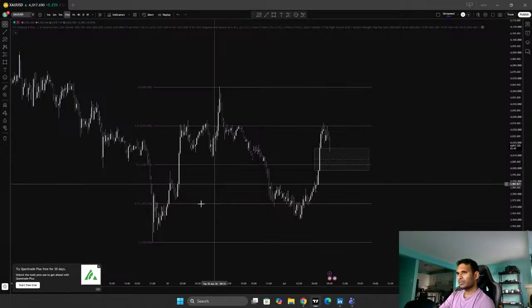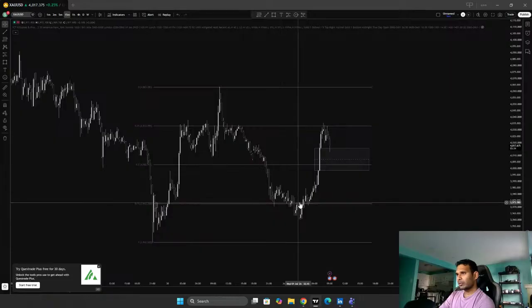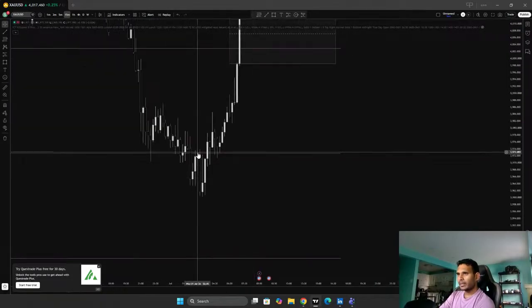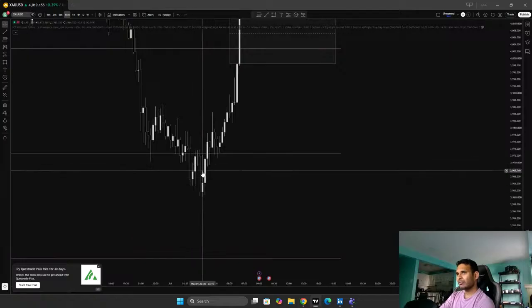So after this push, pullback to the 75 DRT, after this liquidity, we get the market structure shift. We can clearly see this is what I want to see: a proper high, a proper low, a proper high that needs to break with inversion. And we need this kind of rejection that sets the stage, since there is no inefficiency gap. We can clearly see that aspect, right?